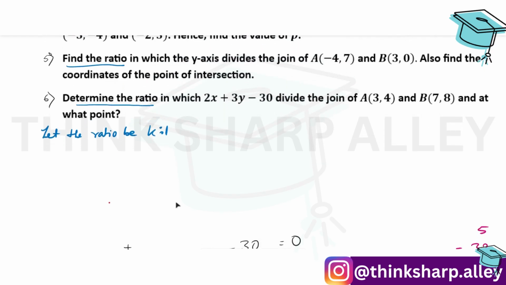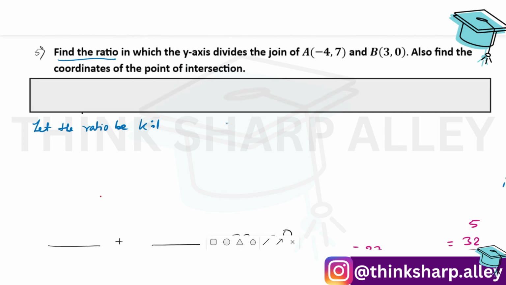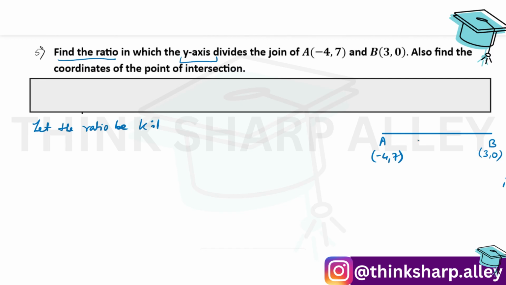Question number 5. For that, I need to hide question number 6. So question 6, stay hidden till we solve question 5. Now, the point lies on y-axis. Find the ratio in which y-axis divides the join of A and B. So which means the point of division P lies on y-axis.